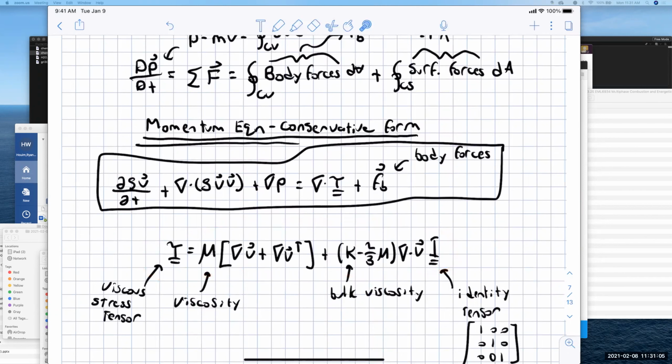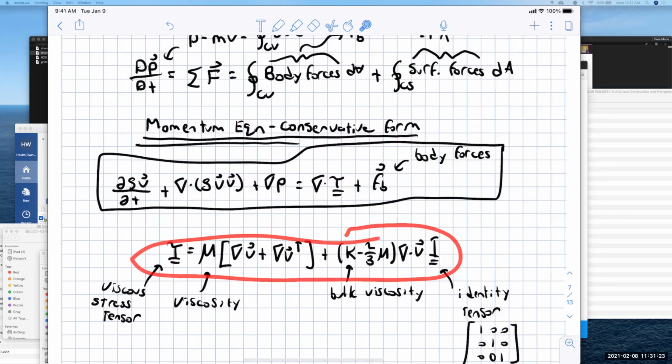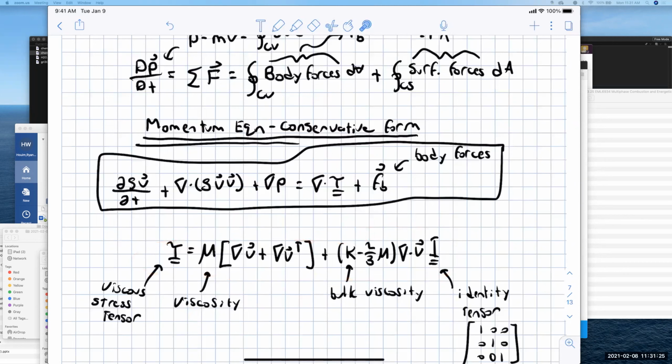If we just say it's a generic stress, and that stress can come from solid mechanics, these equations are valid for solids and fluids and plasmas. They are valid for any material. The only assumption inherent to these, with the exception of this term right here, is that the continuum approximation is valid.